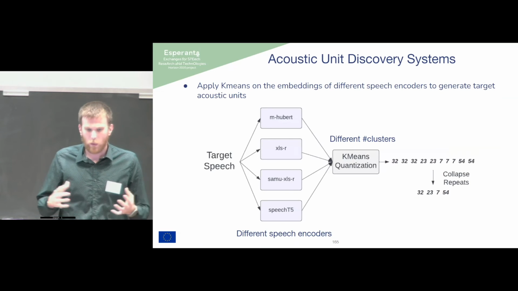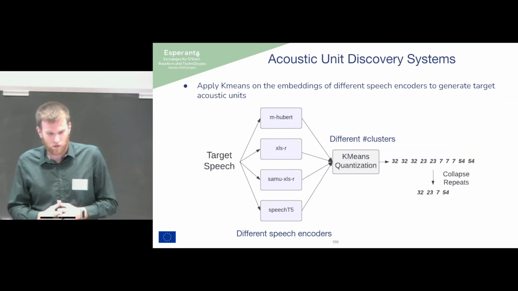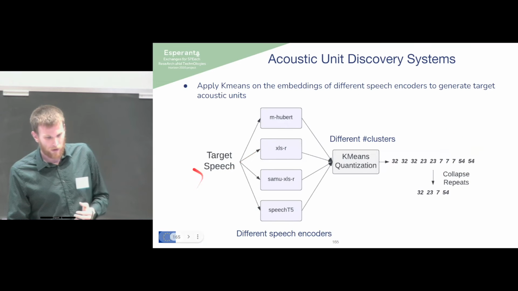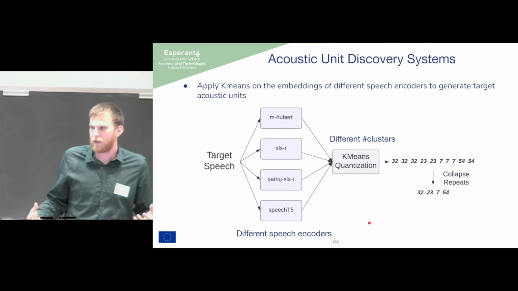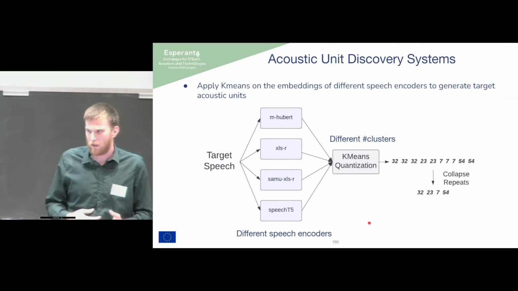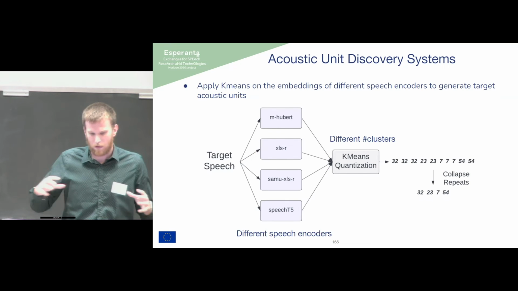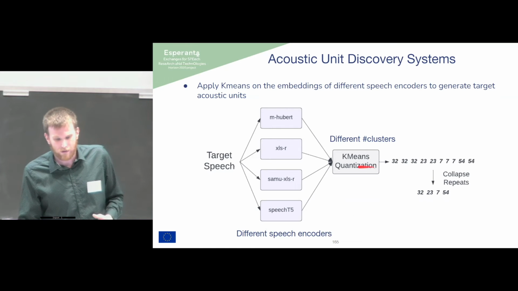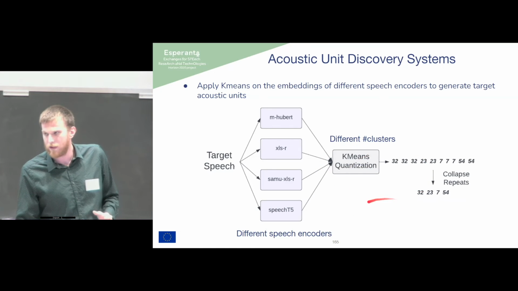So how do we get these acoustic units? It's basically a quantization on top of a speech encoder. As you can see here, we start with the target speech and we go through different speech encoders. We say different speech encoders because we have done an experiment with a bunch of them, but in fact you get the output of the speech encoder, and with that, you apply a k-means quantization.